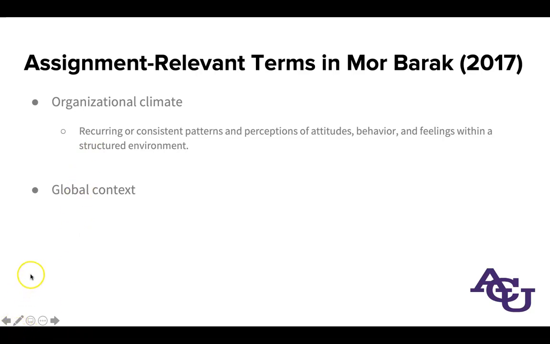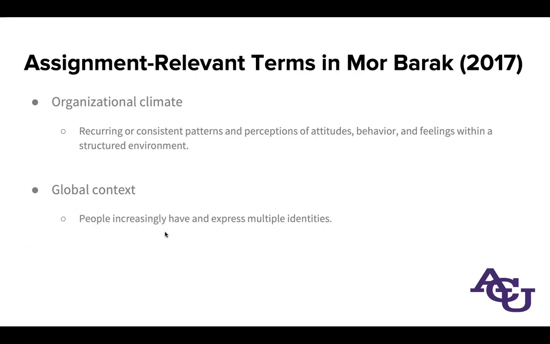Global context, I don't think we need to spend too much time on this. There's a lot that's been covered in the program already about how interconnected the world is and how people are increasingly looking at their situation within the world rather than their situation within a small corner of the world, and that pertains to a number of other things as well, including but not limited to what they want and what they perceive other people as getting.